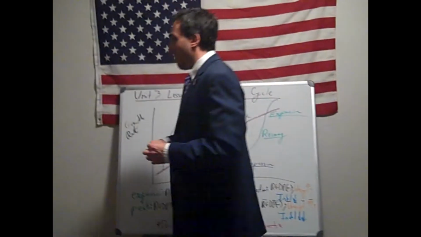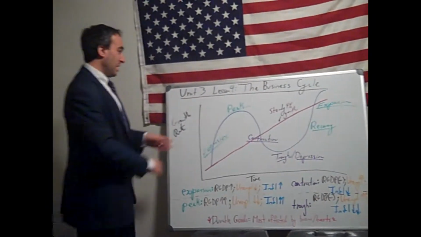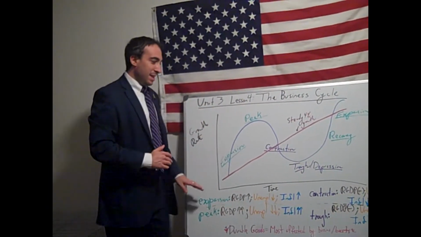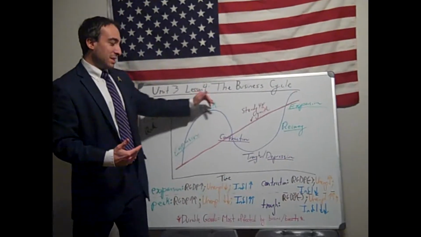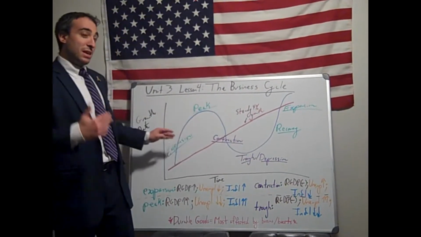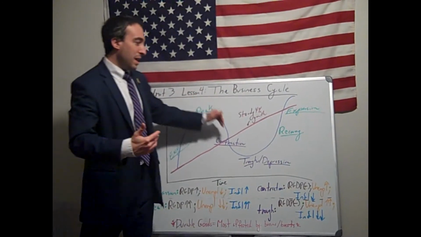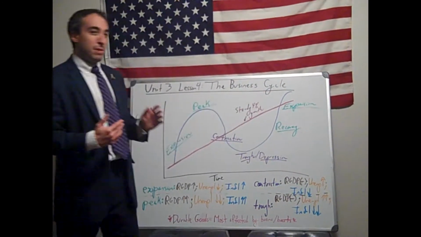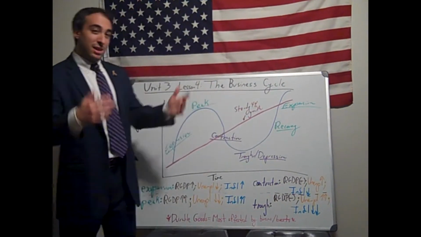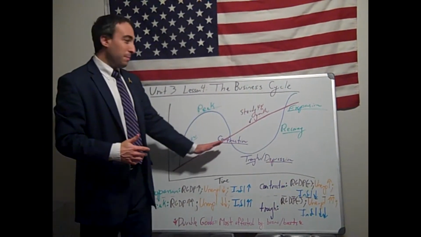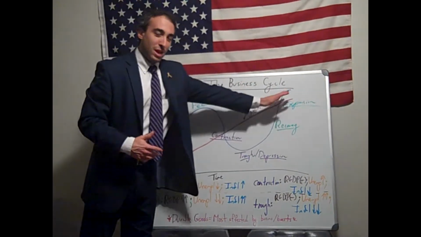We have our y-axis, which is our general growth rate, and then time. We kind of have two competing curves here. We have a cyclical curve, measuring the natural ups and downs of an economy, and then we have our idealistic curve, where we want to be. Ideally, we would love to be at this steady 4% growth rate.